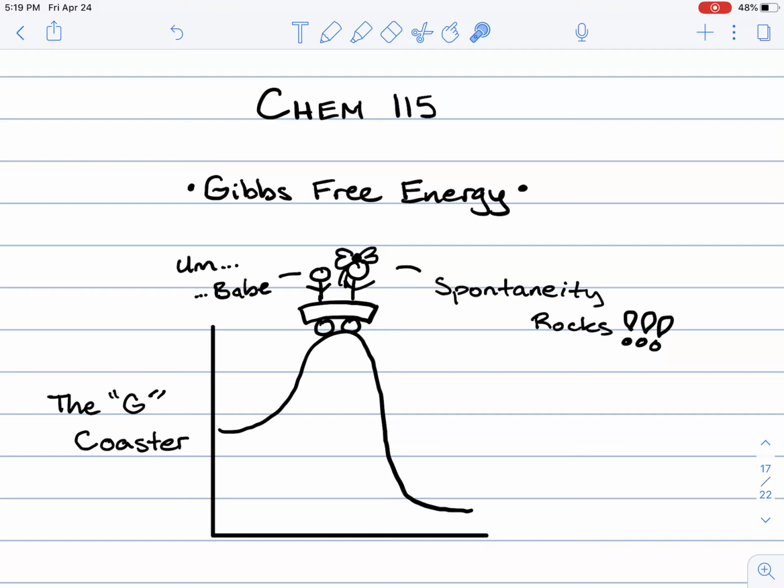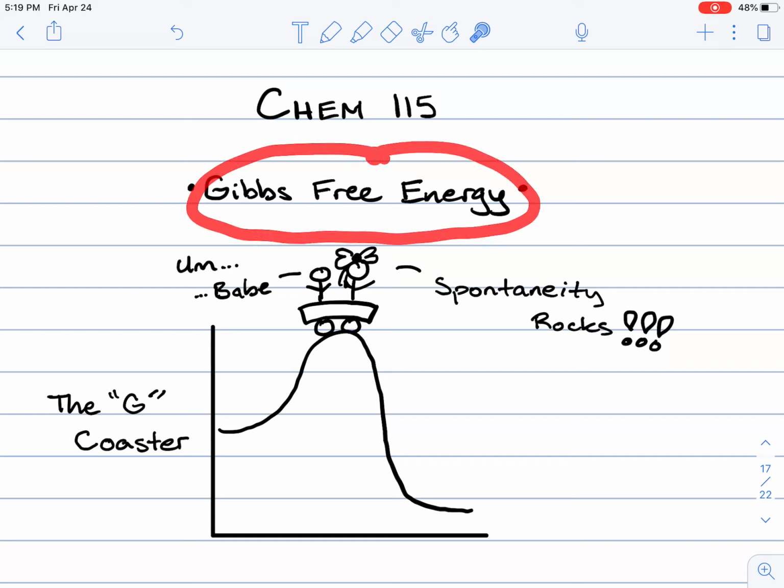In addition, we're also going to incorporate temperature, and we're going to see how these three state functions, enthalpy, entropy, and temperature, produce this concept of the Gibbs free energy, which allows us to predict if a reaction is spontaneous or non-spontaneous in the forward or reverse direction.